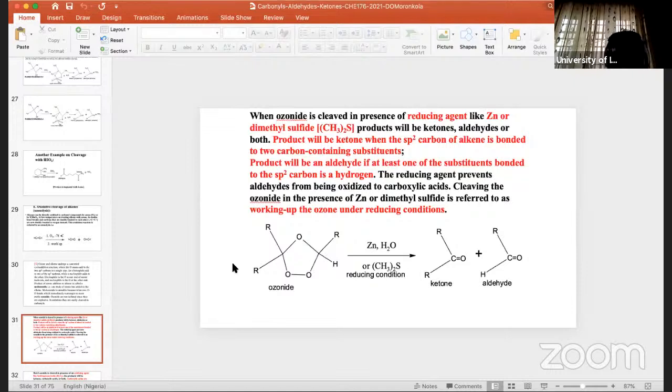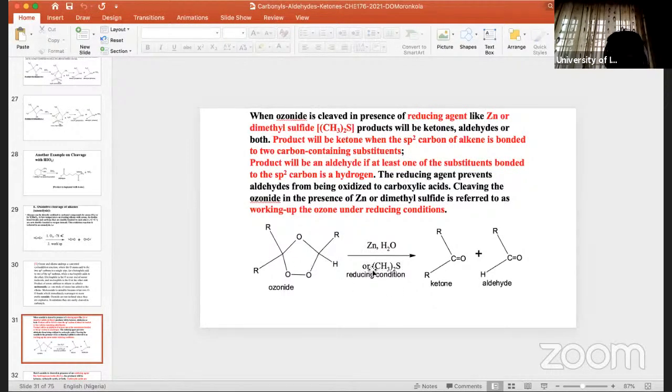The next slide has a reducing agent. It's either zinc in H2O, or dimethyl sulfide. Whenever you see it, in an exam or any textbook, it's depicting a reducing condition.